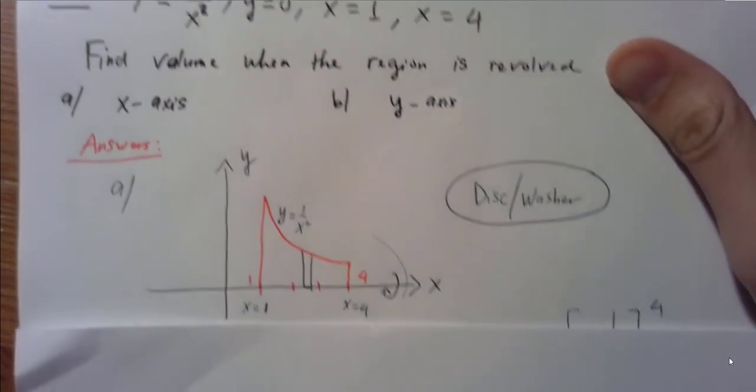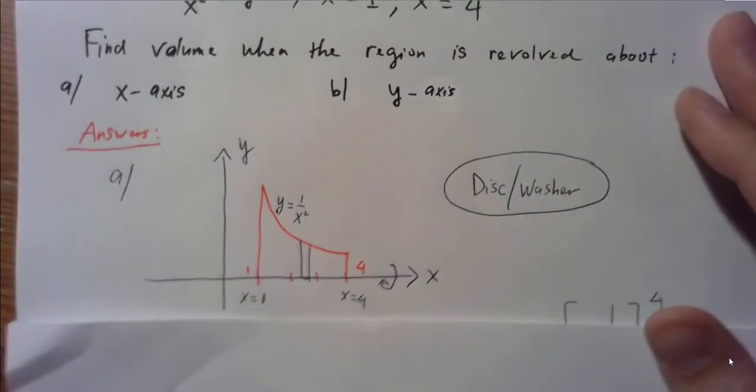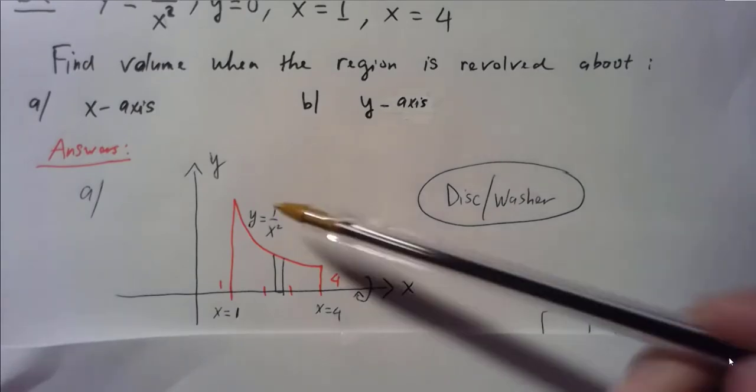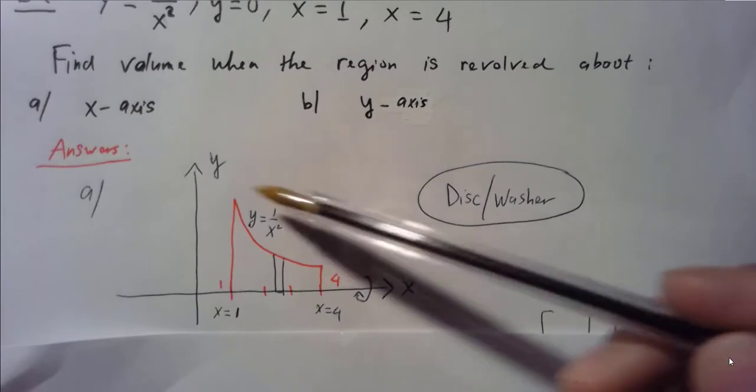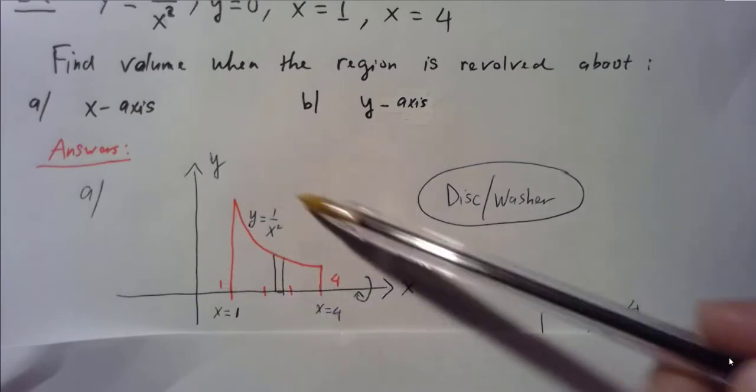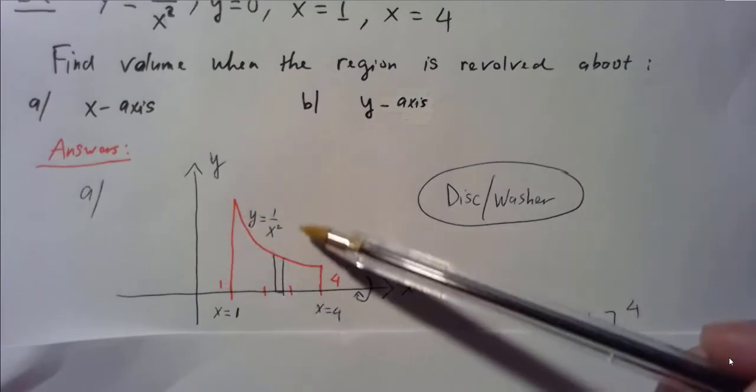I know that for part A, we have 1 over x squared. This is the curve only on the right side, I mean in quadrant 1.